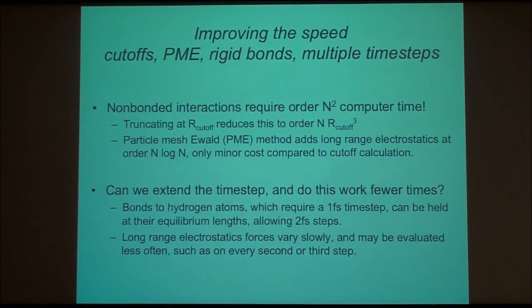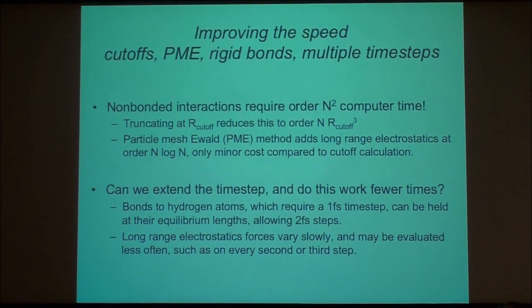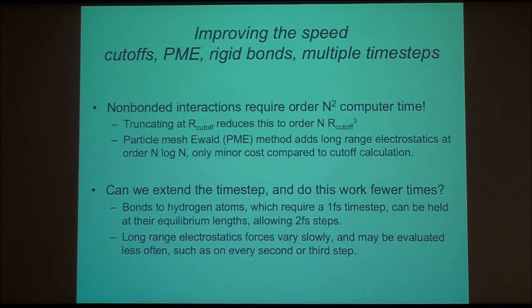That's something we already discussed. Instead of calculating all non-bonded interactions, you can only concentrate on a radius of 10 angstrom, 11 angstrom, 12 angstrom. The concept of PME I talked about. This is a way of calculating, in an inexpensive manner, full electrostatic forces without truncation, but you need to have a periodic system.